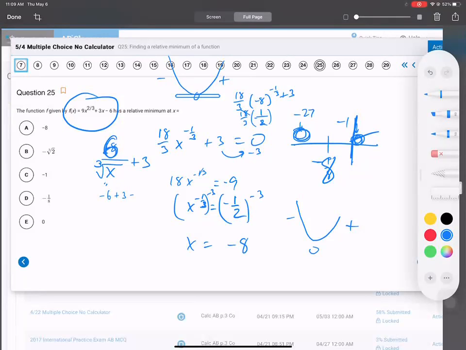Okay, so here's my function. Where's the relative minimum? So what happens on my left? Okay, wait. Let me think. What's going on here? This is negative. So I'm getting a negative.